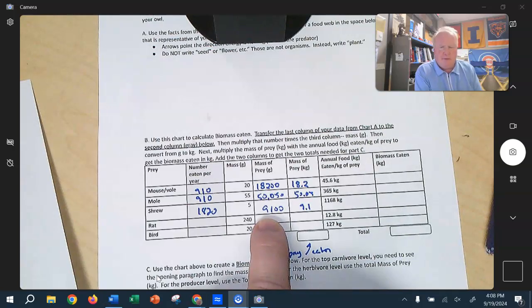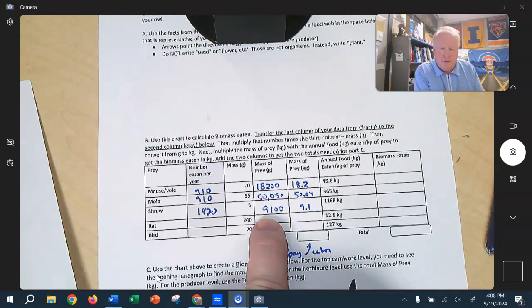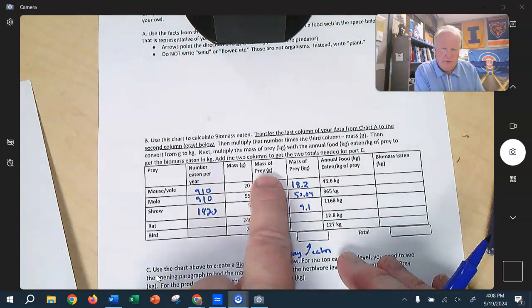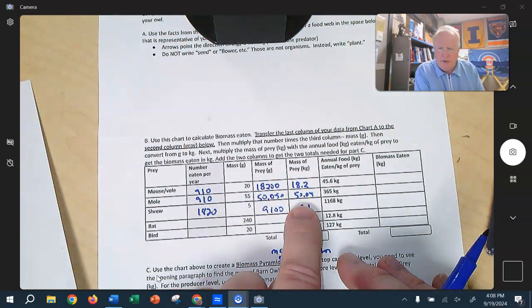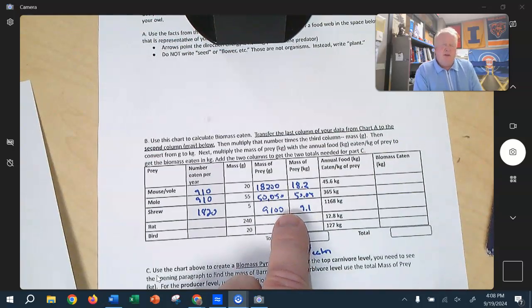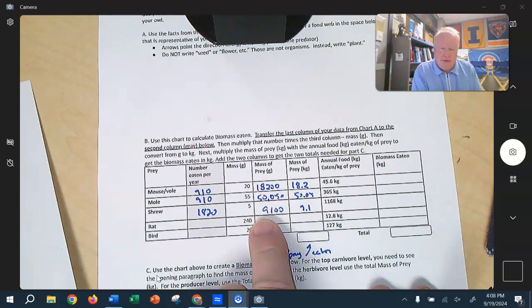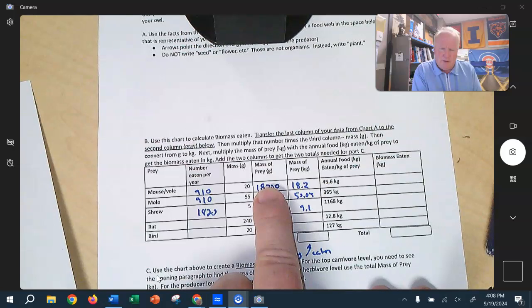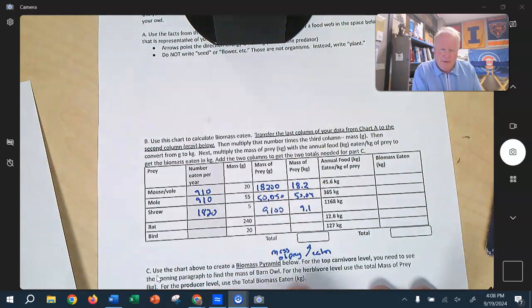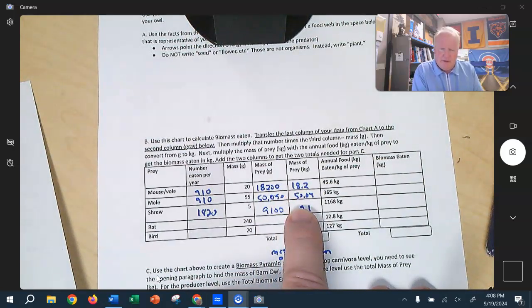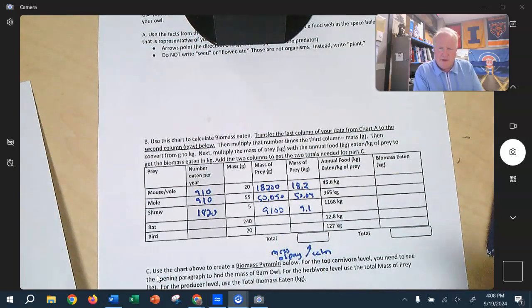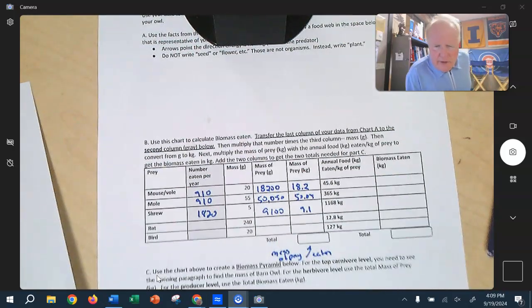That's the mass of animals eaten in a year in grams. Well, we want that in kilograms. So we remember that there are 1,000 grams in a kilogram. So either we divide this number by 1,000 or we move the decimal 3 spots to get these numbers right here. And this number right here, the total mass of prey for our owl, is important.